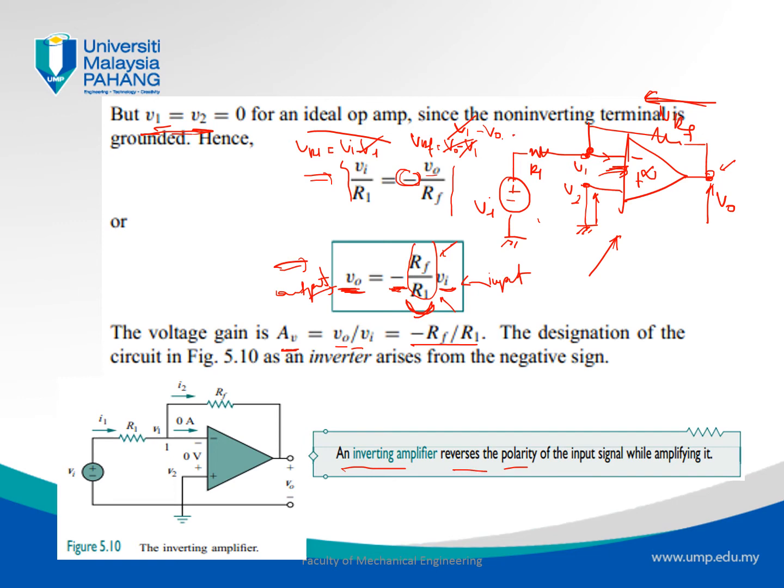If the input is positive, then our output will have a negative sign. And while amplifying, it means it's minus with a certain gain, and the gain is of course equal to minus RF over R1. So that's the inverting operational amplifier.